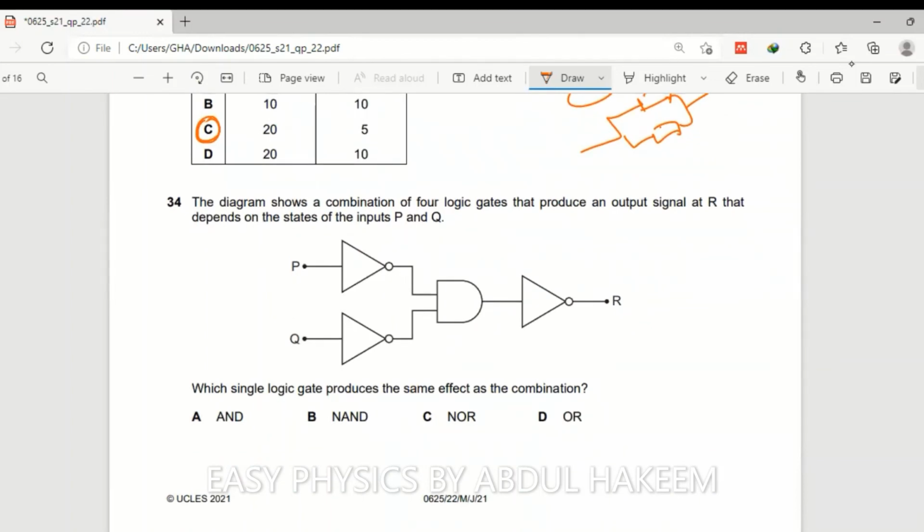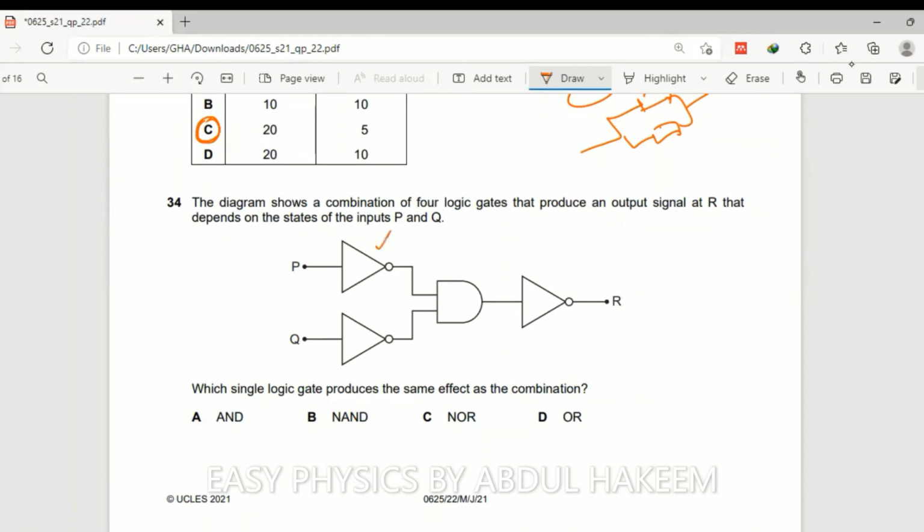And the next question is, the diagram shows a combination of the 4 logic gates that produces an output signal at R that depends on the state of the input P and Q. Look, this P is a NOT gate.